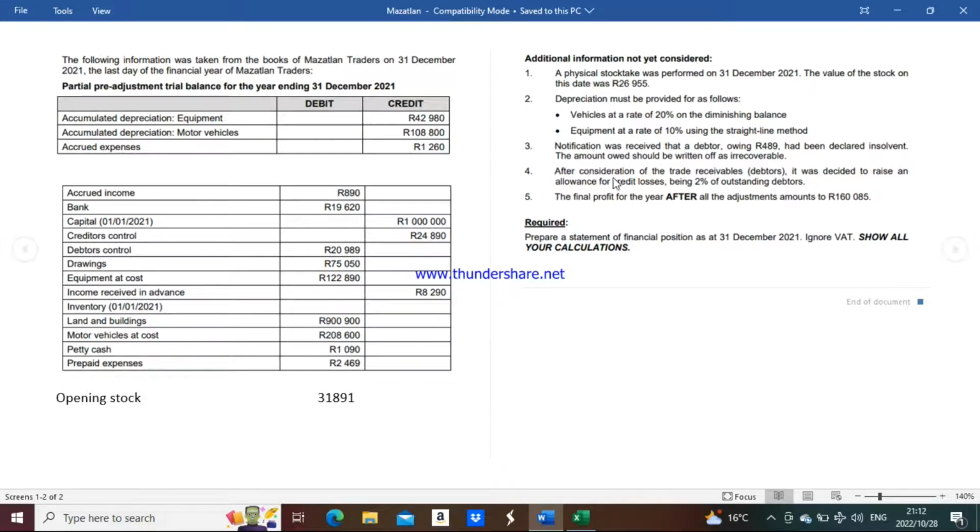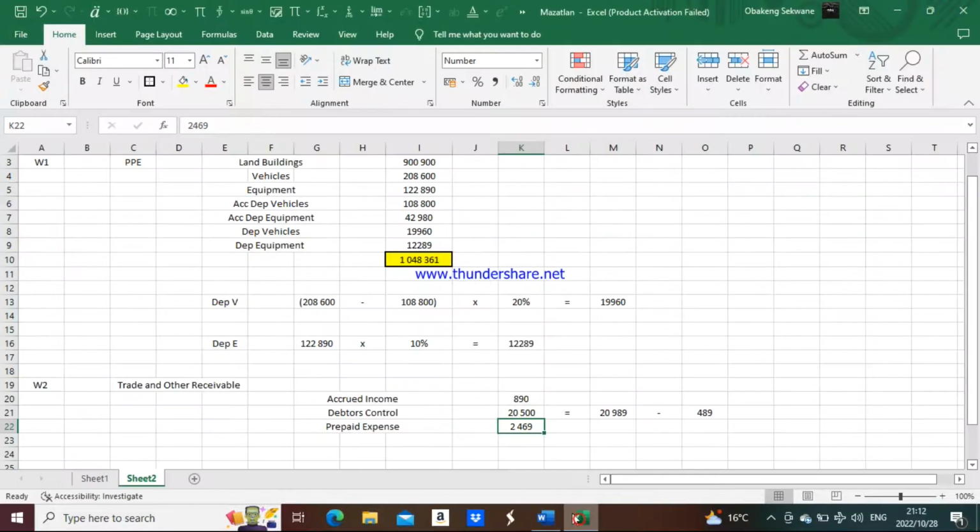In note 4, it says after consideration of the trade receivables debtors, it was decided to raise an allowance for credit losses being 2% of outstanding debtors.